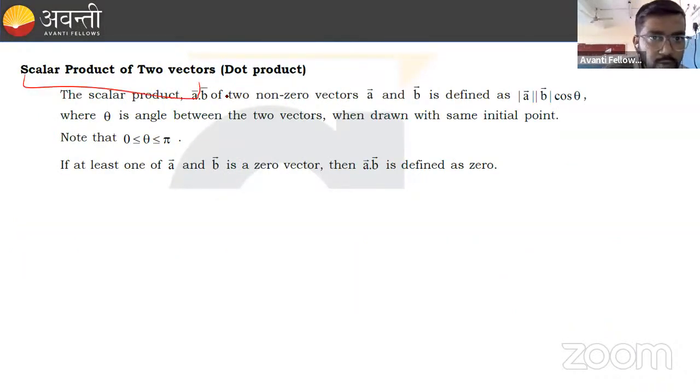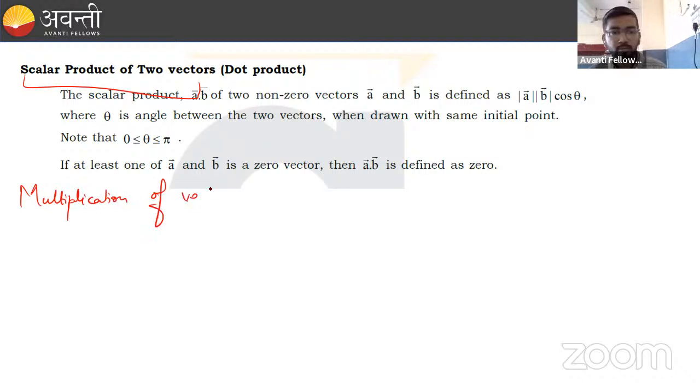Scalar product of two vectors. We read about addition of vectors, but what about multiplication of vectors? You should remember that division of vectors is not possible, right?